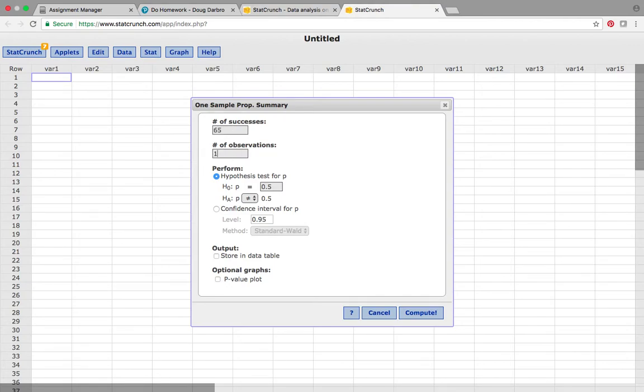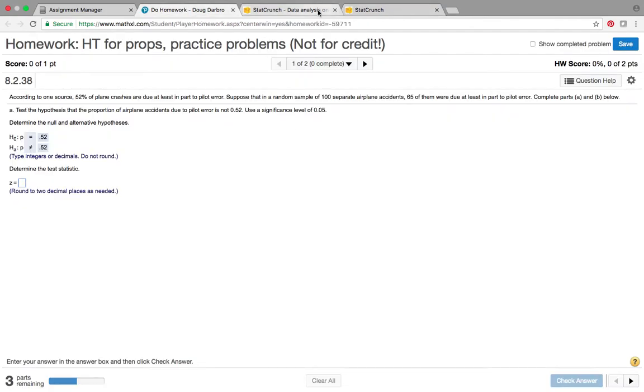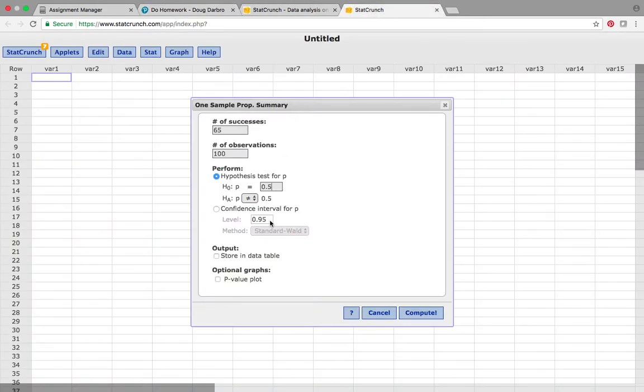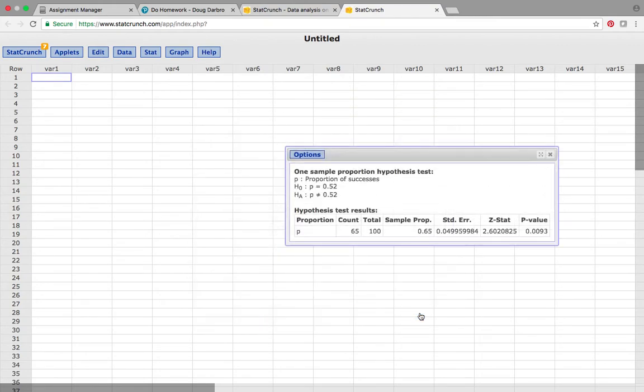I'd much rather be safe than have to put up another video. And we are looking at 0.52, and we want not equal to 0.52. Everything look good? And compute. The test statistic is under the Z statistic, so it's 2.602.